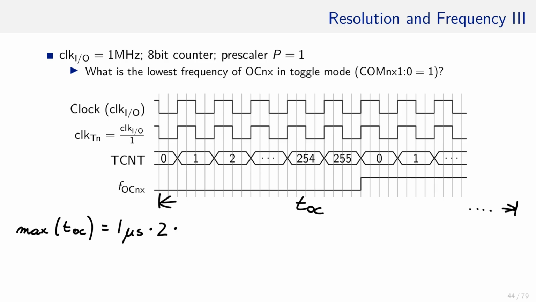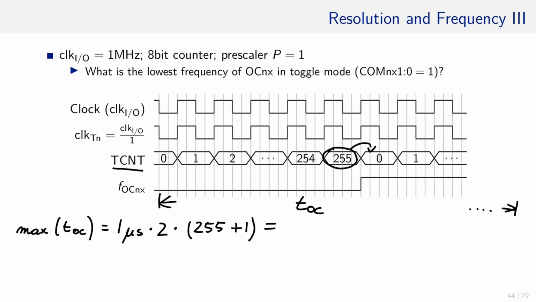into the number of increments that TCNT needs to overflow, and in this case it is 255, which is the top value, plus 1. Hence, till here we increment 255 times, and to overflow we have to increment one more time. Hence, 256 increments are required till the pin toggles.